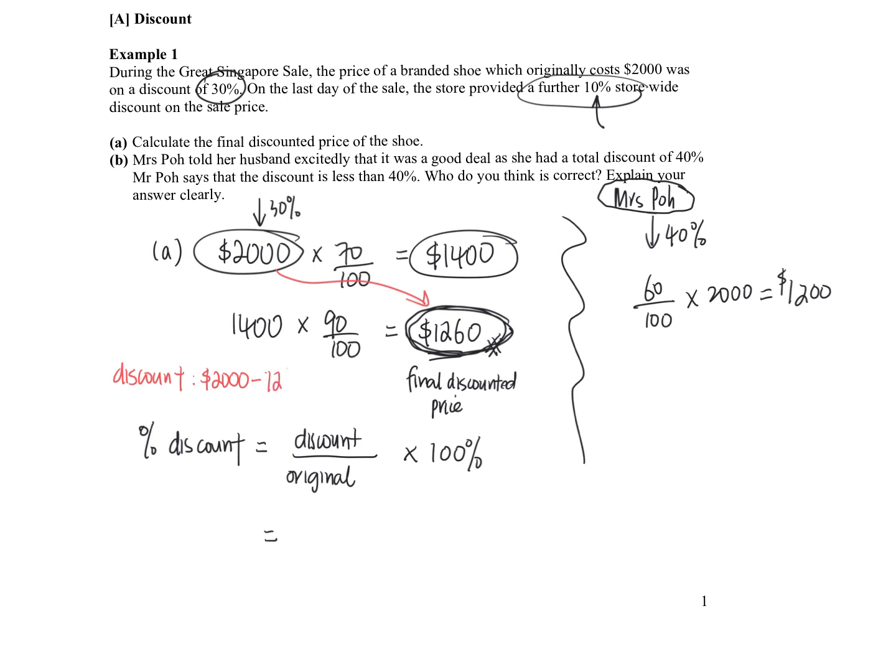Okay. So you will get 740. Original was 2000. So that's the total discount I've gotten. I've gotten a discount of $740. So let's check. Is this 40%? You realize it's only 37%. So it's less than 40%. So Mr. Po is right.